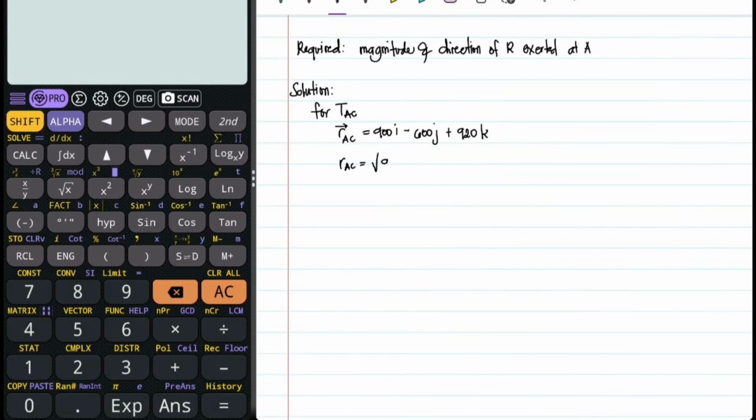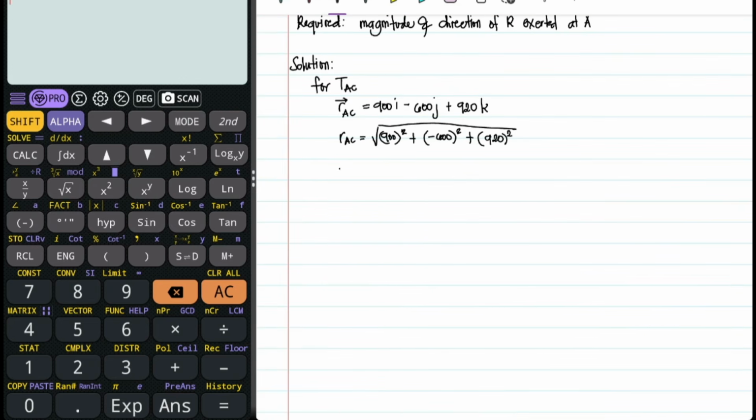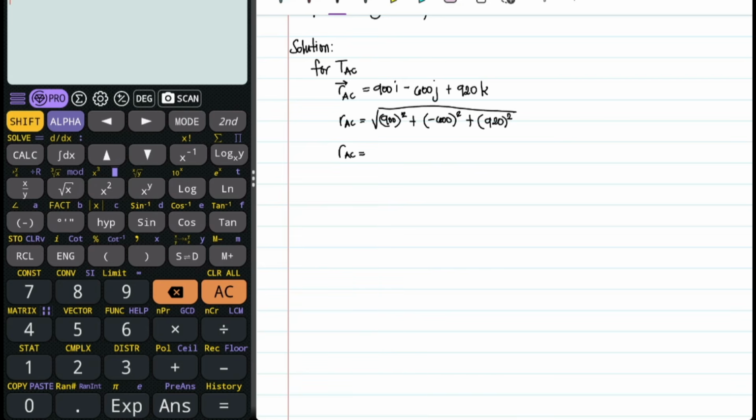Then we solve for the magnitude of R_AC, or basically the total distance from A to C. That is the square root of 900 squared plus negative 600 squared plus 920 squared. Inputting that in our calculator, that's 1420 millimeters, the total distance from A to C.